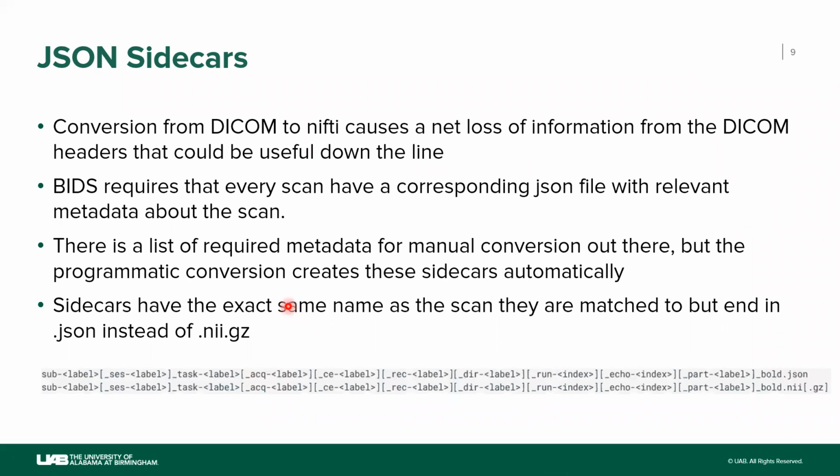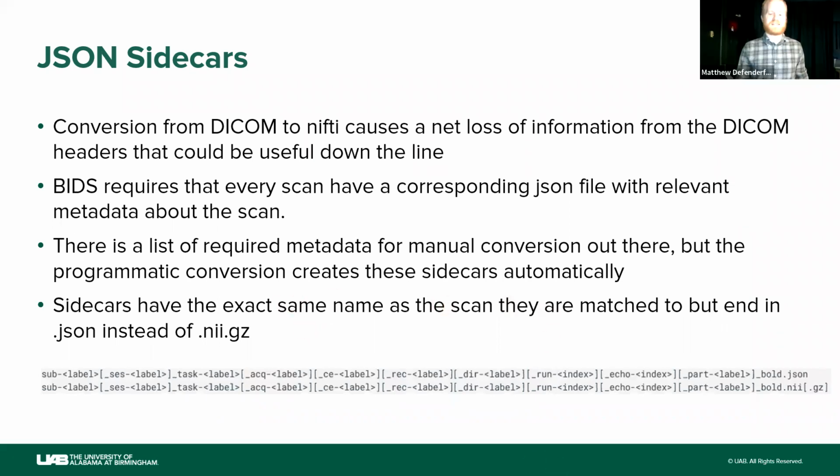The sidecars have the exact same name as the scan they're matched to, but instead of ending in .nii.gz, they end in .json instead. So you'll see here in this example, the JSON file on top has all of the exact same key value pairs that the NIfTI file could have, and it should match the name exactly, just ending in .json instead of .nii.gz.